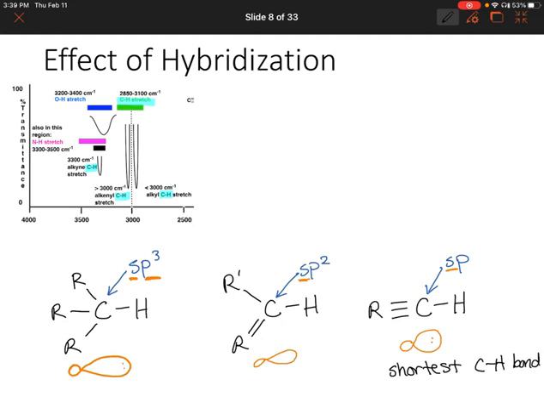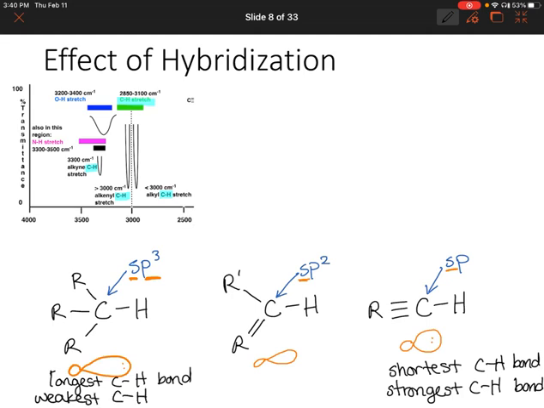So that will also be the strongest CH bond. Now on the opposite end, we have our sp3 hybrid orbital. That will have the longest CH bond. So it's also the weakest CH bond out of these three. So that's going to correlate with the energy of the bonds.